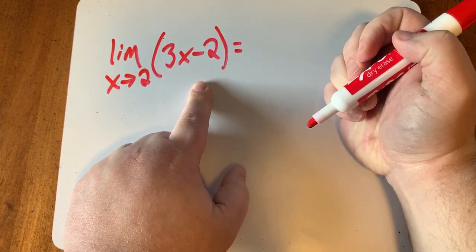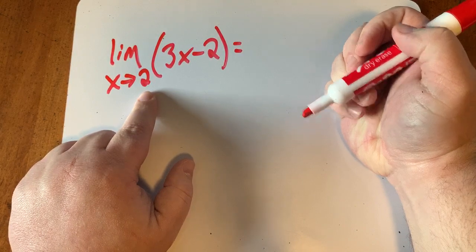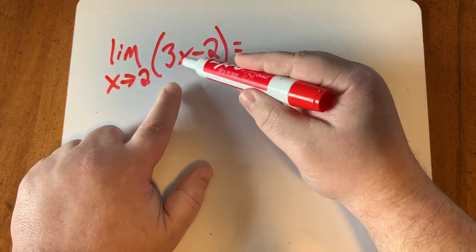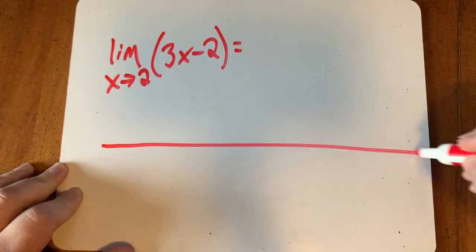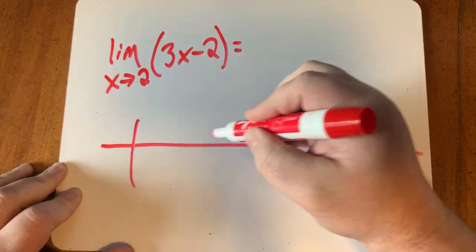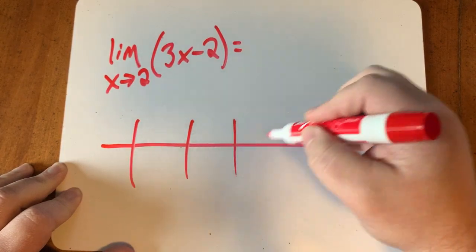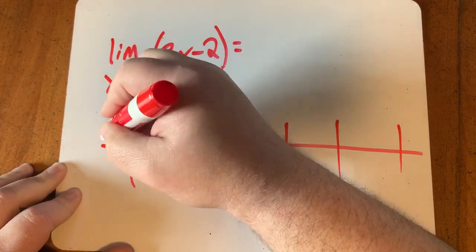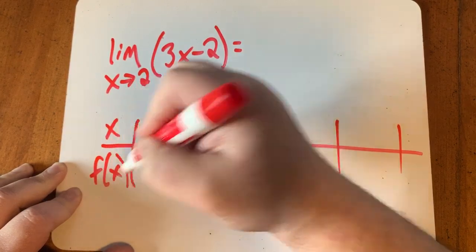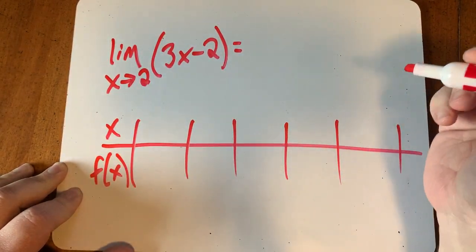It's a linear function. So we're looking for what that function's approaching as we get closer and closer to 2. So we can do numerical analysis, and one way to do that is with a table. So I'm just going to do x and f of x.